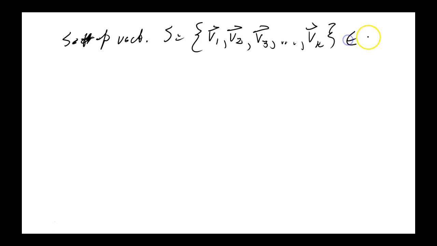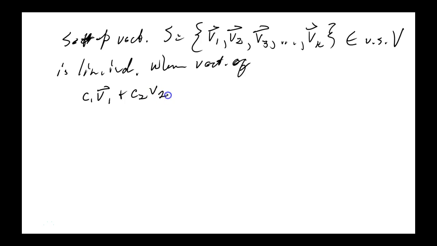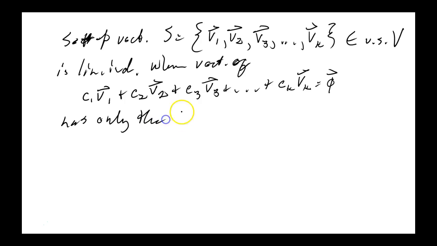In a vector space, is linearly independent when the vector equation C1 V1 plus C2 V2 plus C3 V3 plus dot dot dot plus C sub K V sub K equals the zero vector has only the trivial solution. Then it's linearly independent.